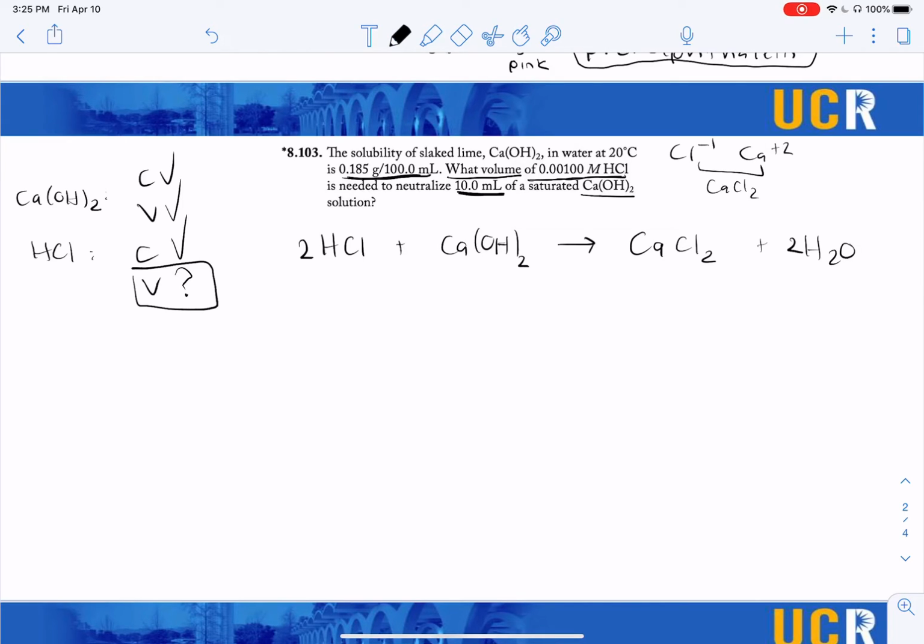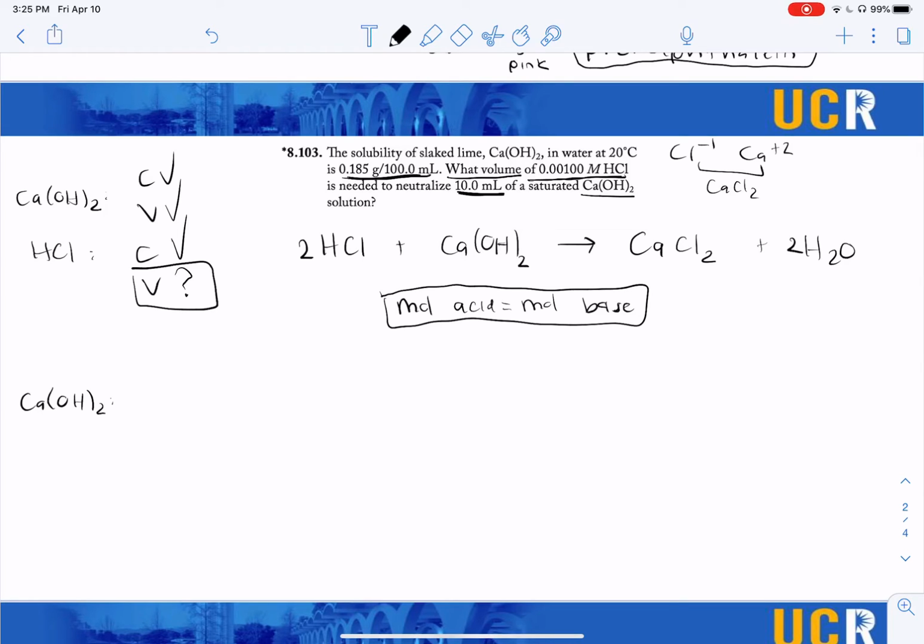Awesome. So the big takeaway again is the moles of acid is going to equal the moles of base. So this is kind of what I stick to just to keep me on track. If you remember this, you can pretty much solve most titration problems. So let's start with Ca(OH)2.